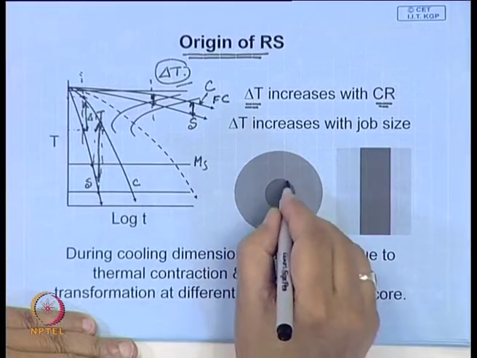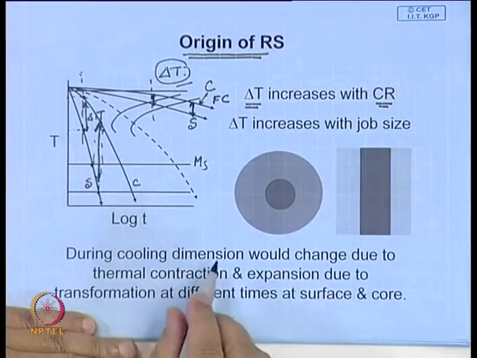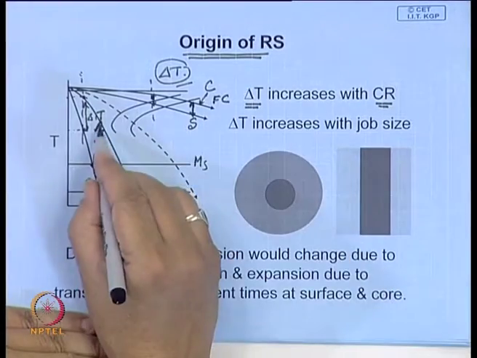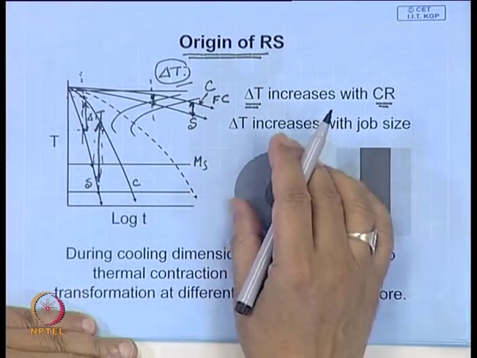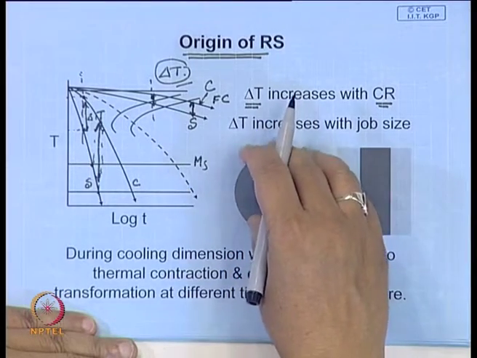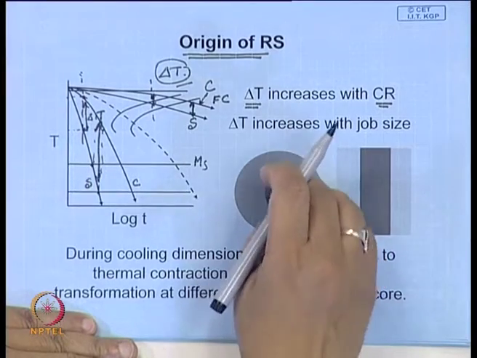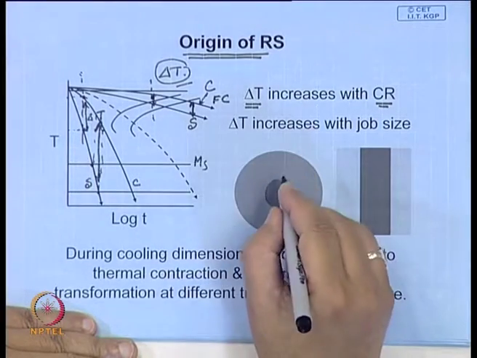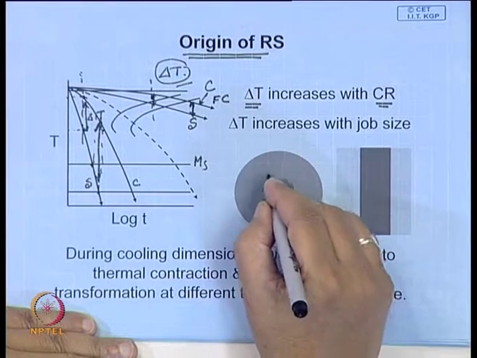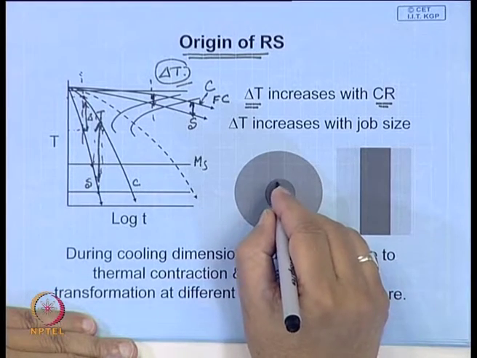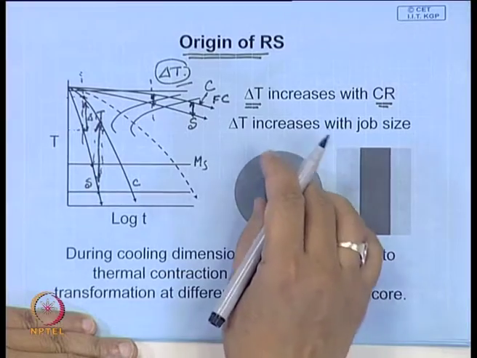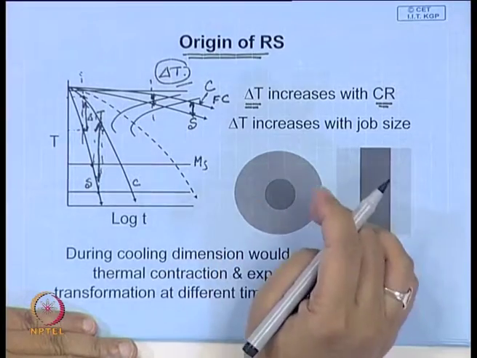So, here the transformation has not started yet, and its strength is lower. So, when the surface is trying to expand, it will subject the core to a stress, and the core will deform also.